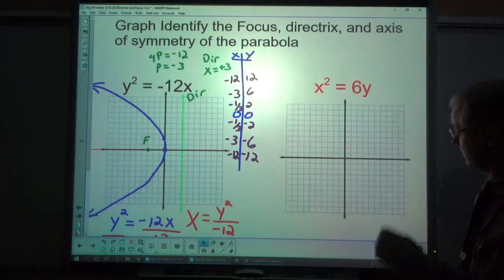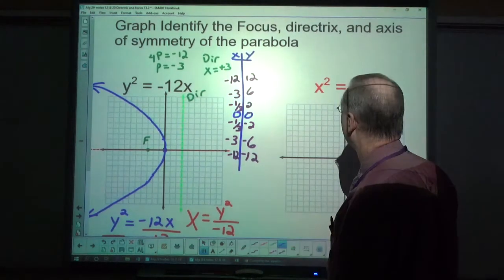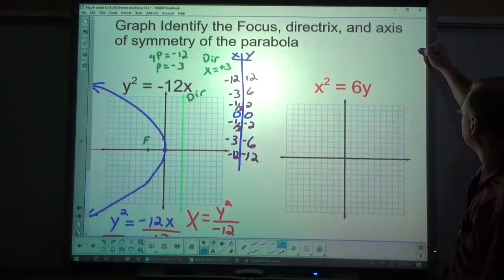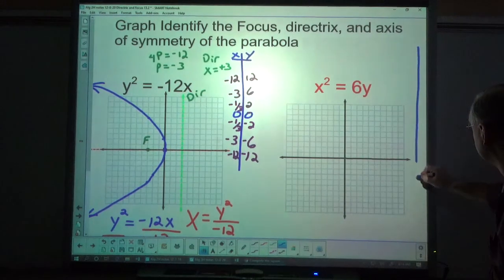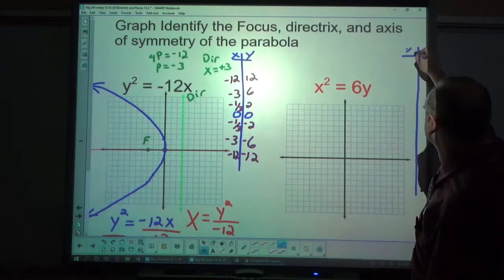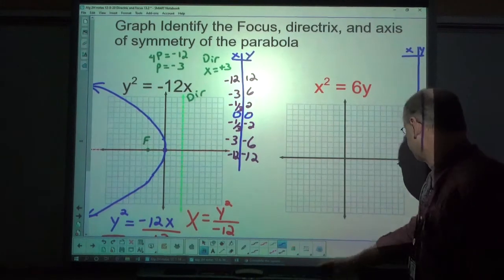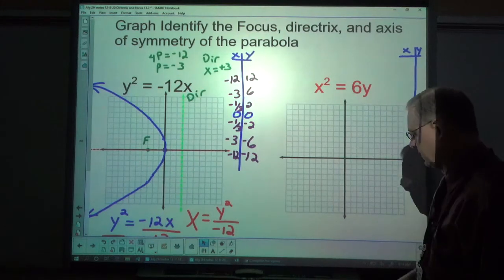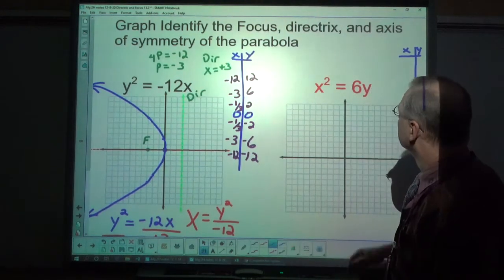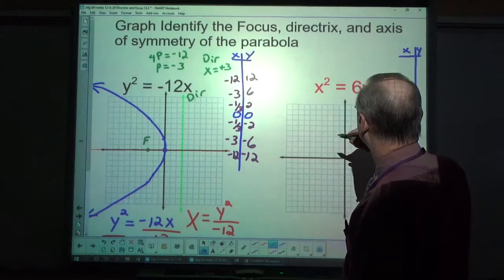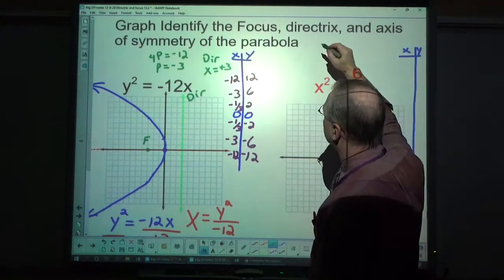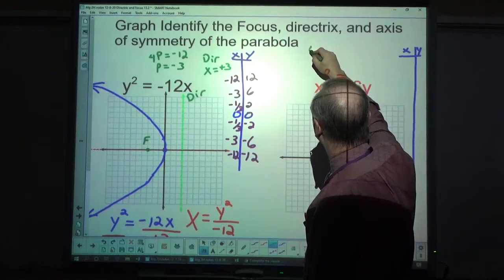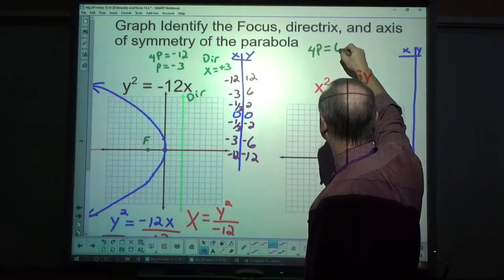X squared equals 6y. Well, first of all, table of values. I don't know if I've got that far enough over. I don't think so. I have to move it a little bit. All right. Let's see. Focus. 4p rather equals 6.